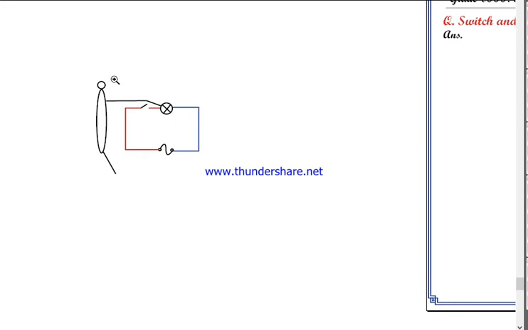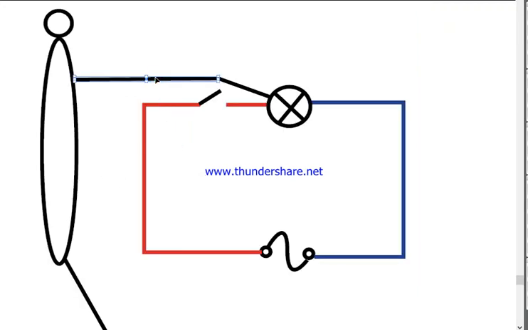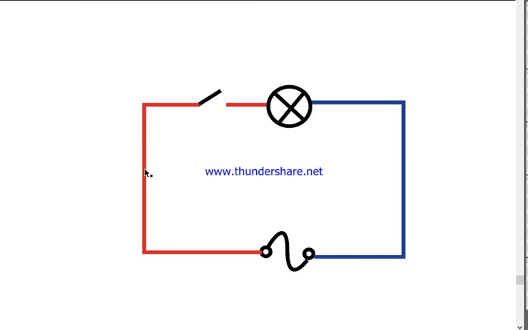Now similarly, let's discuss the case of fuse. I need to change the symbol for fuse, and it will be like this. Suppose this is the symbol of fuse, and I keep it here in live wire.